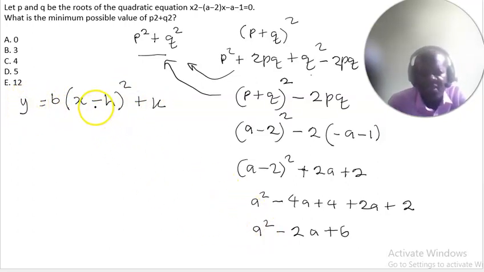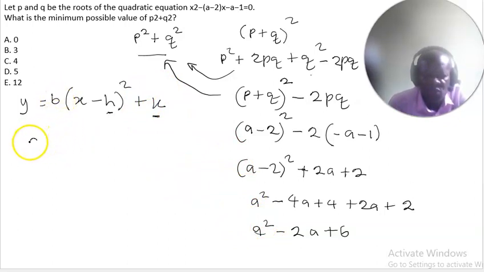We want to write this in this form. This form shows us the turning point of a parabola, where h is the value of x at the turning point and k is the value of y. If the parabola is facing down, we are going to be dealing with the maximum point. But because it is facing up, we are looking for the minimum point. So the minimum point in this case would be the value of y, which is the value of k. So let's turn this into this form.